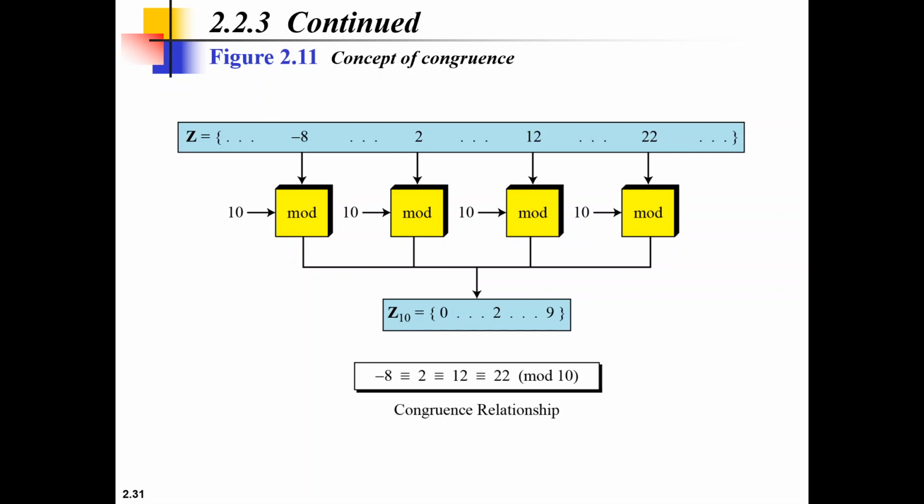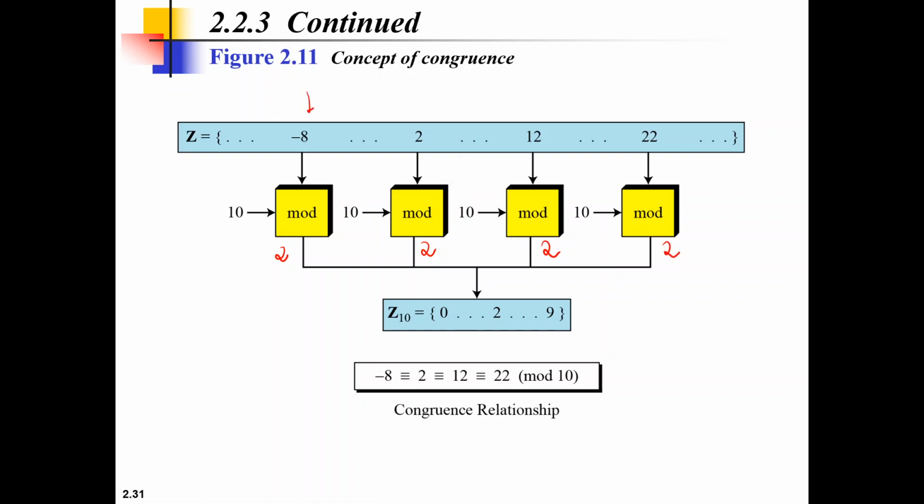When I write this set, I have written certain values in it and I have kept mod 10. So your mod n is common. Now look at the answers you are getting. Minus 8 mod 10, what is the answer? You will have 2. 2 mod 10, the answer is 2. 12 mod 10, the answer is 2. 22 mod 10, the answer is 2.